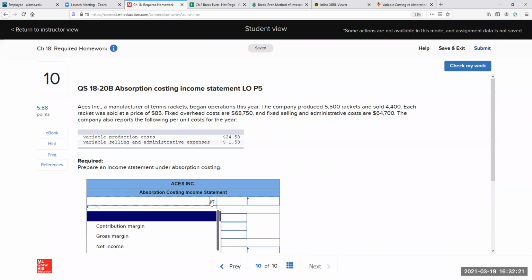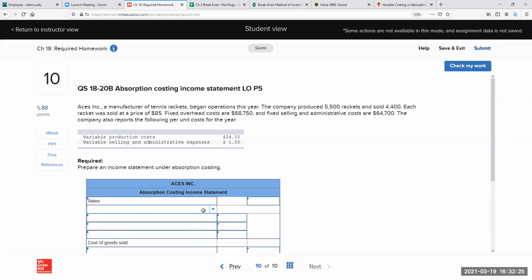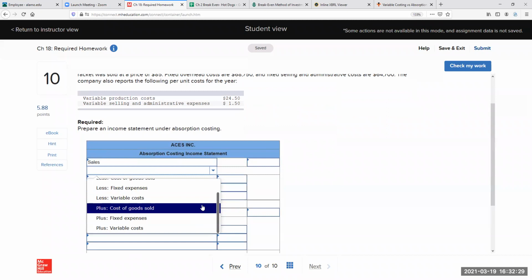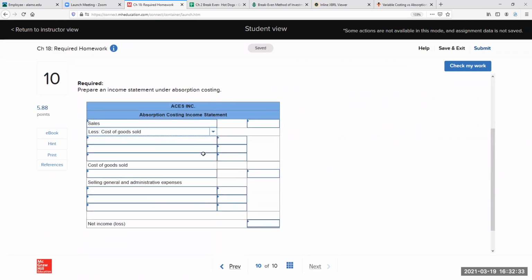We still have sales. But what do we have up here? Cost of goods, right? Equals cost of goods sold. So sales minus cost of goods sold is equal to our gross margin.